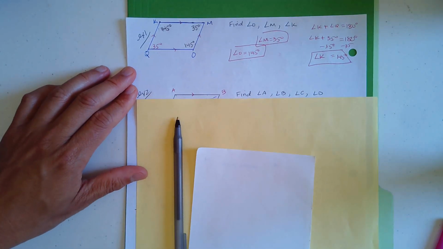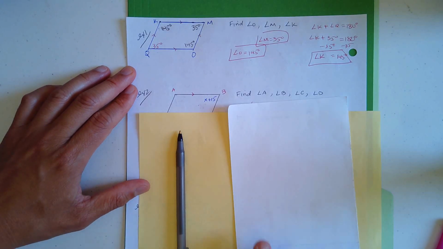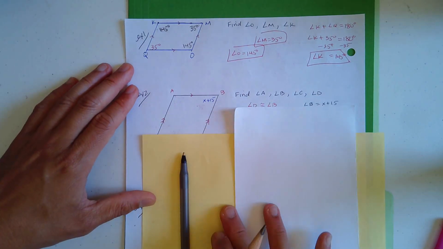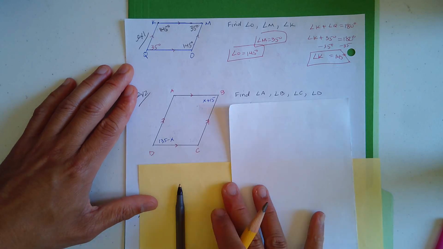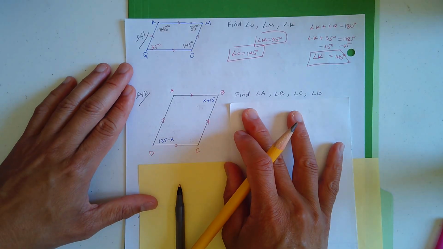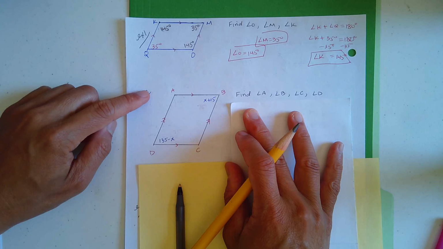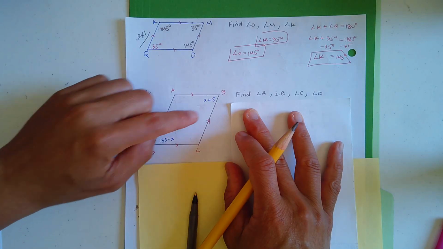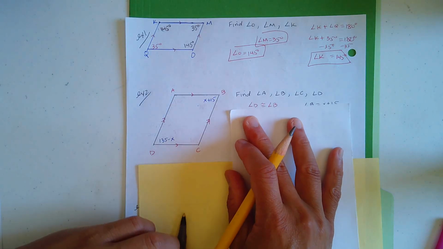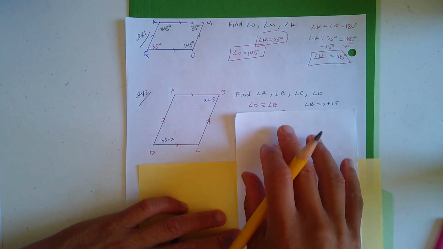Alright, example 2. We have another parallelogram here, parallelogram ABCD. We know opposite angles of a parallelogram are congruent, so let's write that down.